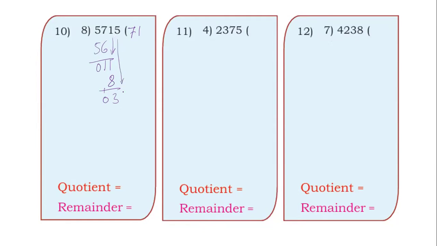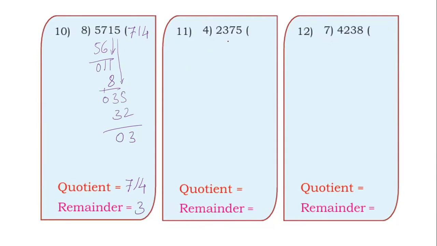And take next number 5 here. 8 fours are 32. 5 minus 2 is 3. 3 minus 3, 0. Quotient is 714. Remainder is 3.